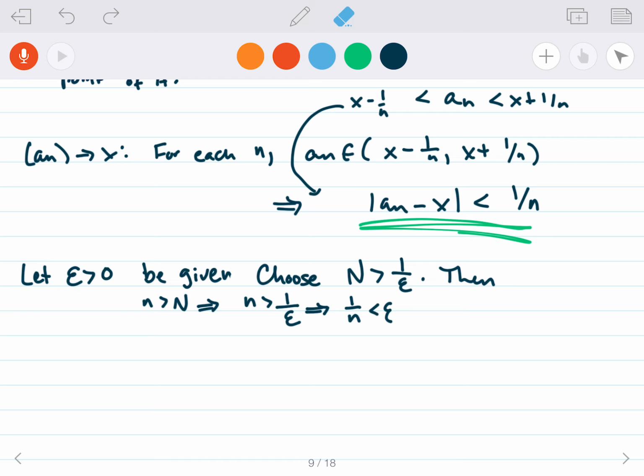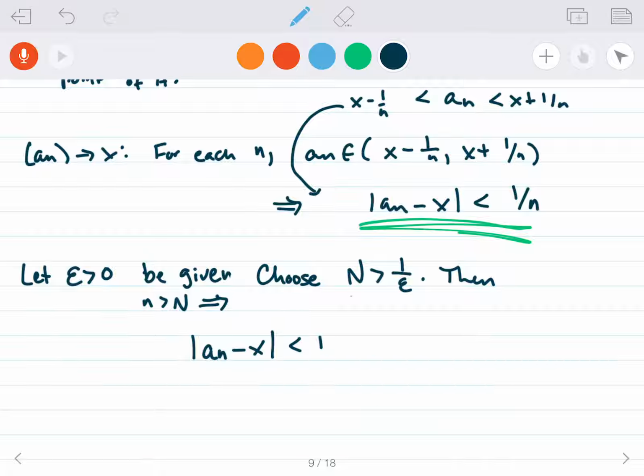So let me write this more formally. Then n bigger than N implies, so we have the absolute value of a sub n minus x. This is less than 1 over n, which is always true. This is less than 1 over capital N because of this. Like, we just flipped the inequality when we take reciprocals. And this is less than epsilon. Again, taking reciprocals flips the inequality. Okay.